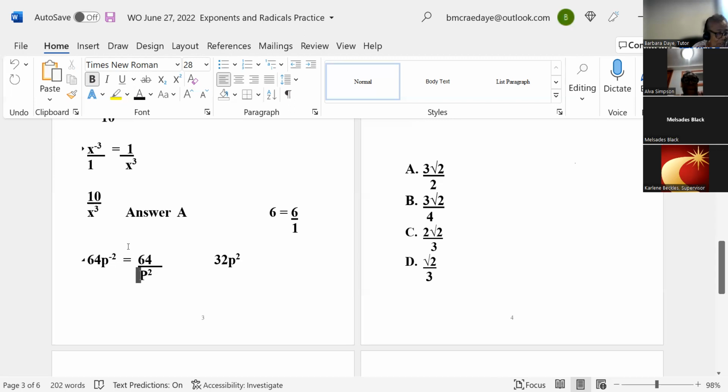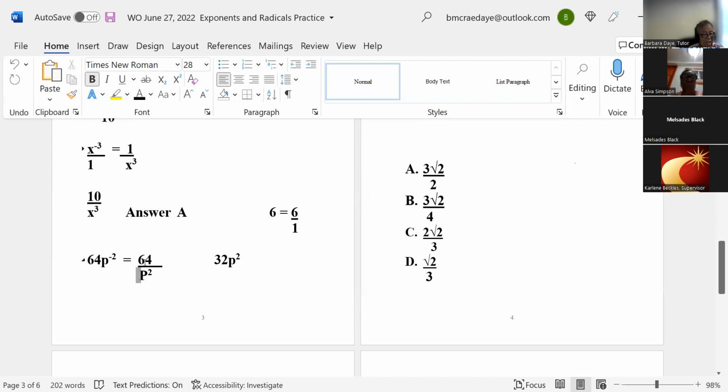The only thing that will change is your p to the negative power of 2. It becomes 1 over p to the second. You got it? Yes, ma'am. So don't make it more complicated than it is. That coefficient, that's the 64, stays the same.